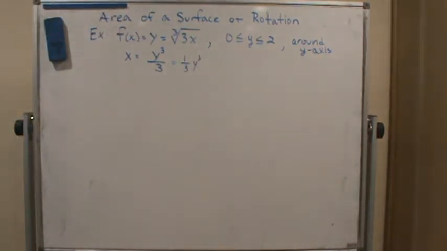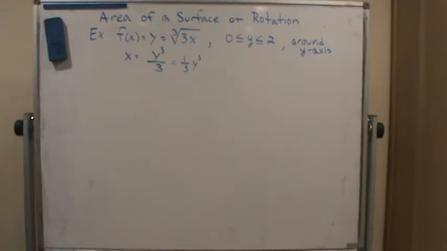And so this is a non-negative curve over the interval. So it's a non-negative function, smooth. So we can do this.